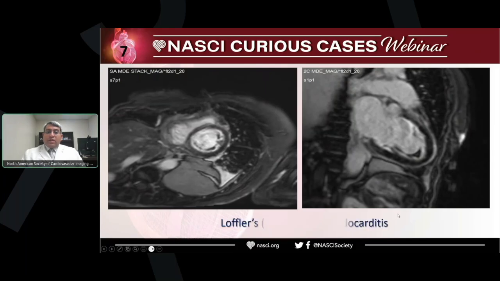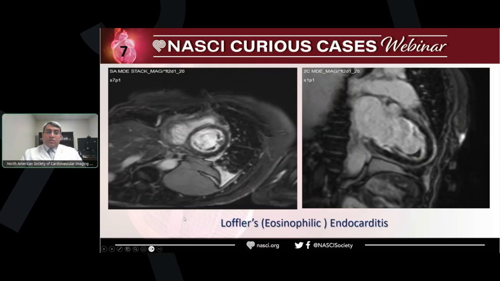In this kind of cases, there is increased eosinophilic level in the blood, and this causes inflammation of the endocardium, which heals with fibrosis. And you can imagine that you have fibrosis inside the heart that can initiate the process for thrombi formation. So you always see this endomyocardial fibrosis or subendocardial enhancement with multiple thrombi inside the left ventricular lumen.